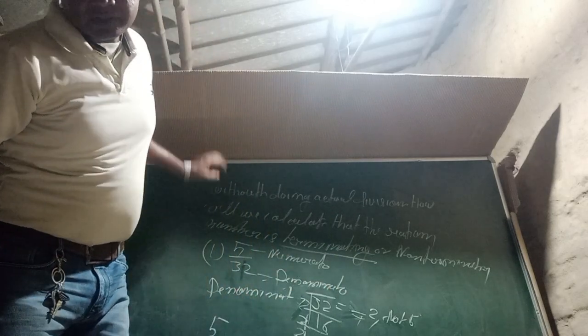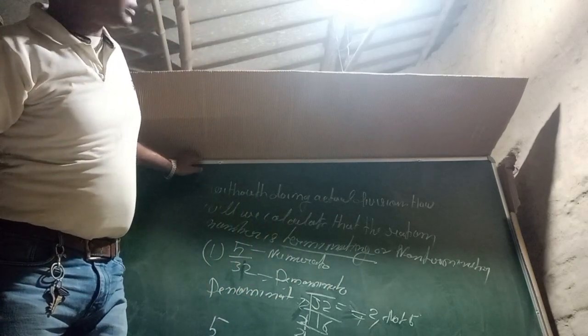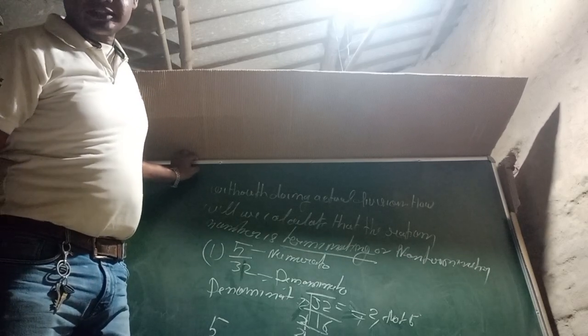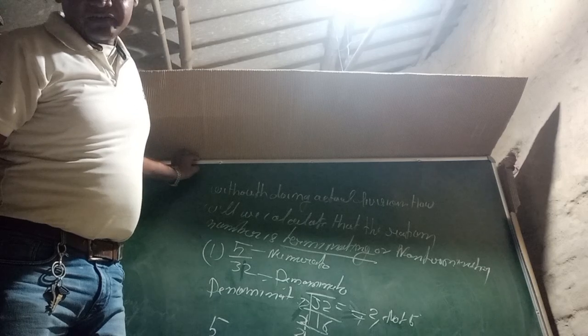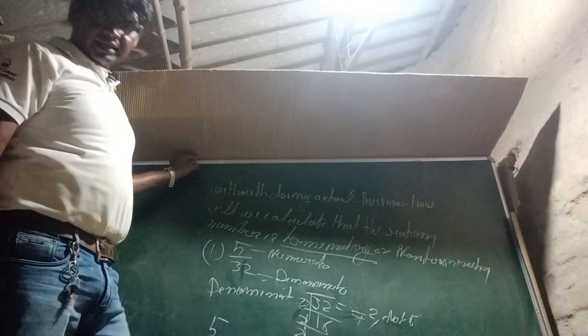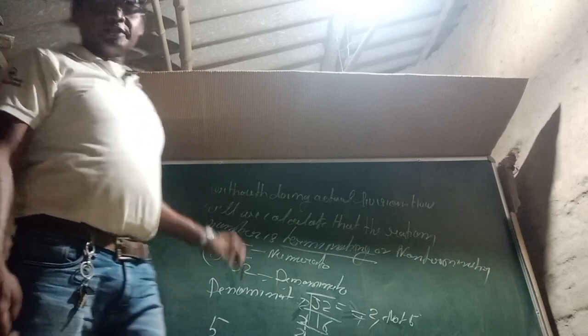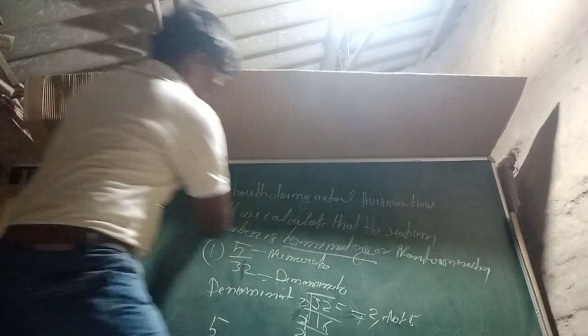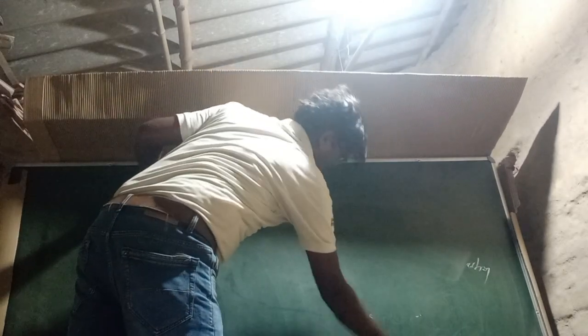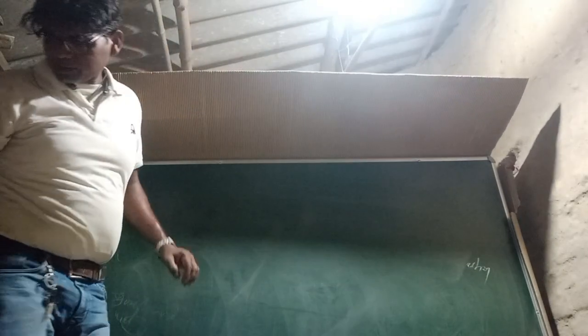Termination depends only on the denominator, so we have to check that there are no prime factors other than 2 and 5. Got it? Now let us take another example.